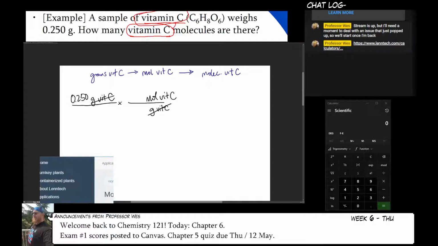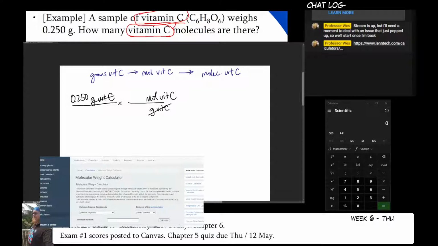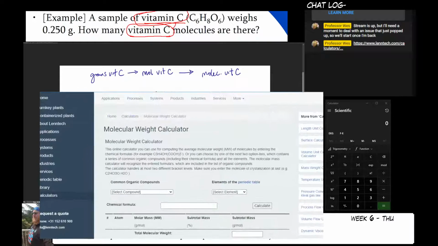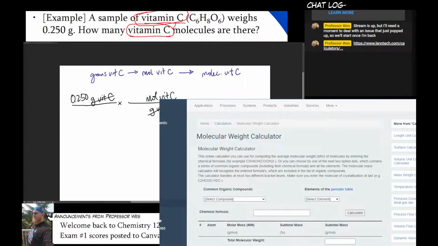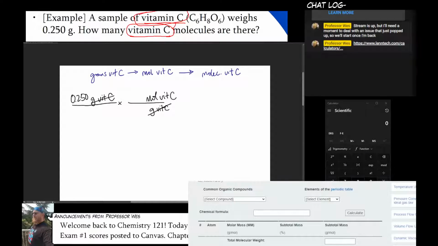When I put this on the screen, there we go. That's probably big enough to see. And I type in C6H8O6, and I hit enter.